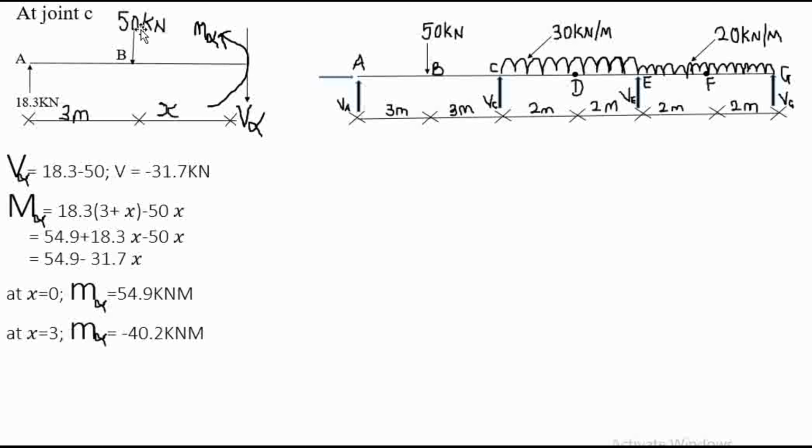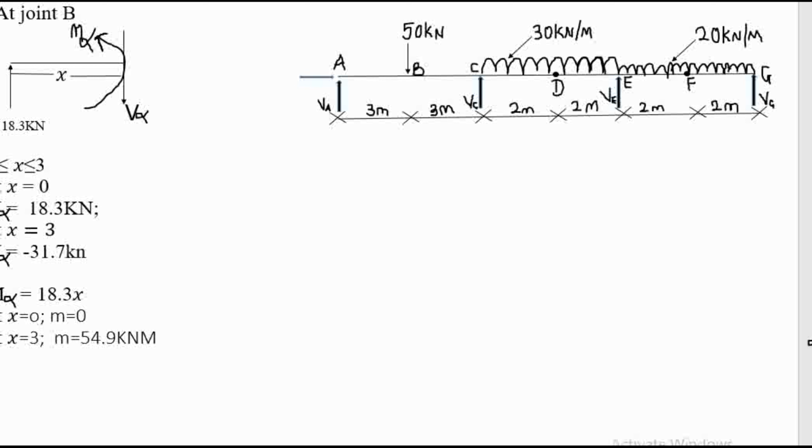Then this 50 kilonewton will move in an anti-clockwise direction. So it is negative 50 multiplied by the distance, which is X. When you play around with that, you have that M alpha is equal to 54.9 minus 31.7X. This is the expression for the bending moment. At X equal to 0, which is actually under point B, you have that M alpha is equal to 54.9 kilonewton meter, which is the same answer we got in the other section.